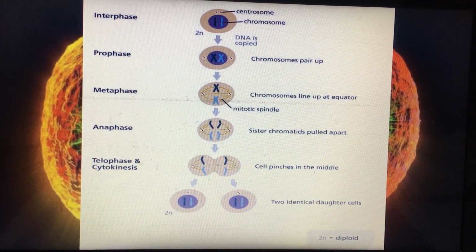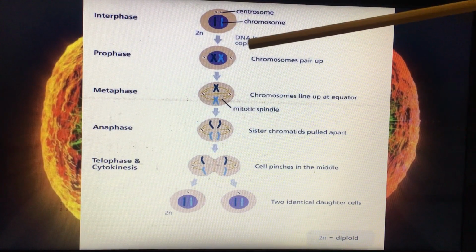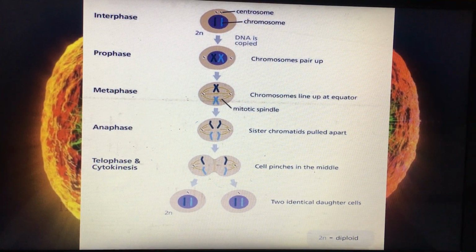So again, 2 chromosomes replicate inside the cell. Each chromosome becomes 2 identical chromatids joined at the centromere.